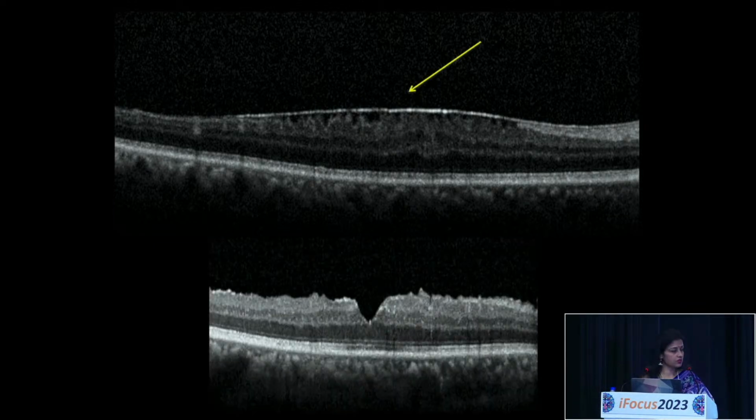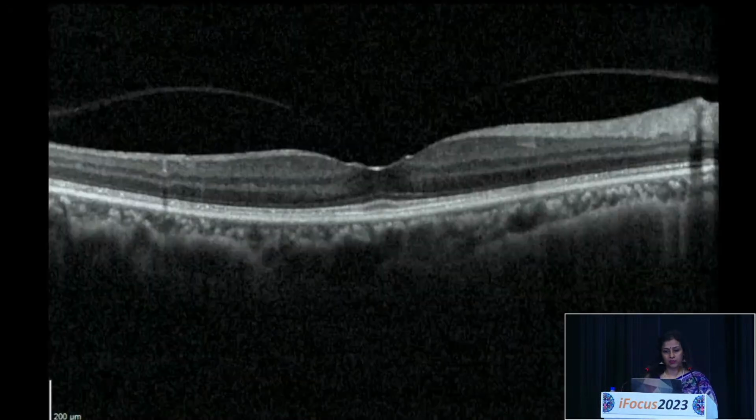So yes, we operated on this patient, and this is the post-operative picture. Patient is doing extremely well. So like I said, diagnosis, prognostication, planning of surgery, and whether you want to give any adjuvant drugs, like an intravitreal steroid, pre-surgery, during surgery or post-surgery. If there's a lot of edema, you can plan accordingly.